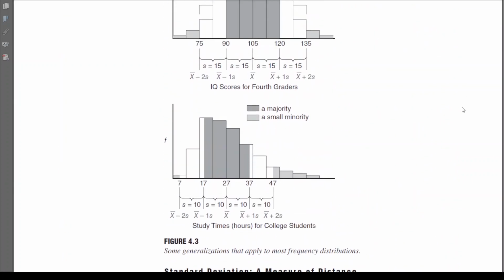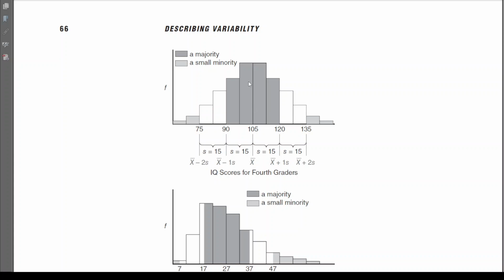This is figure 4.3, where it says that a majority of the scores lie within one standard deviation of the mean. Here, the mean is signified by x bar, and one positive deviation from the mean is signified by x bar plus 1s, where s stands for standard deviation, and one standard deviation below the mean is signified by x bar minus 1s.